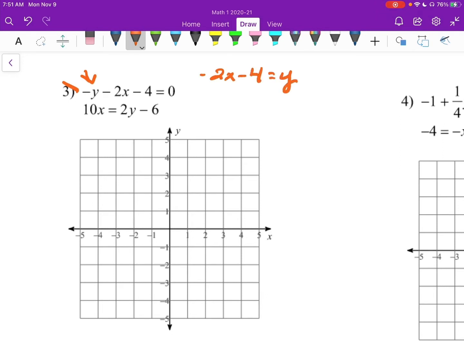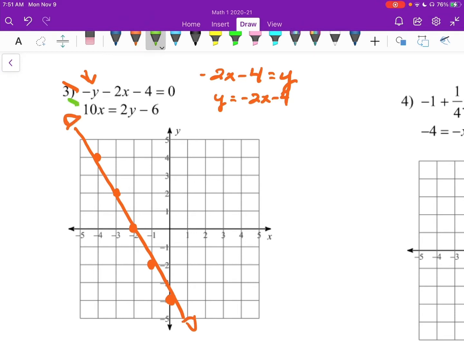And then I could switch that around and say, well, y equals -2x minus 4. So that's an easy thing to graph. It starts at -4. I'm going to go down 2. I can't go down 2, but I can go up 2 and left 1. Right? And it has a negative slope.